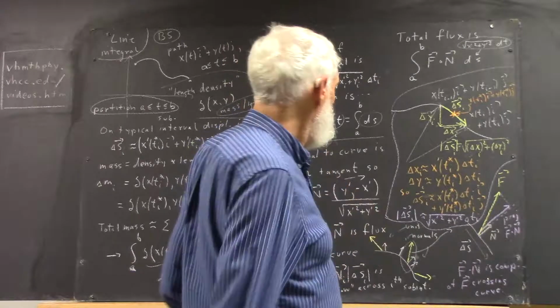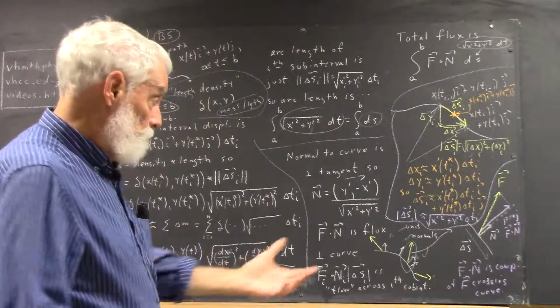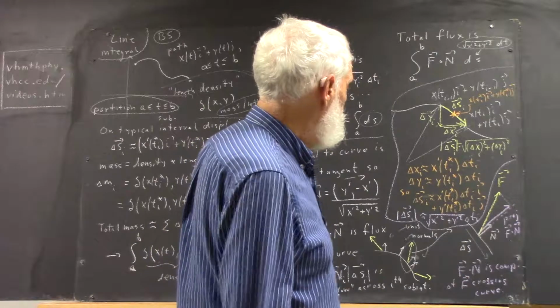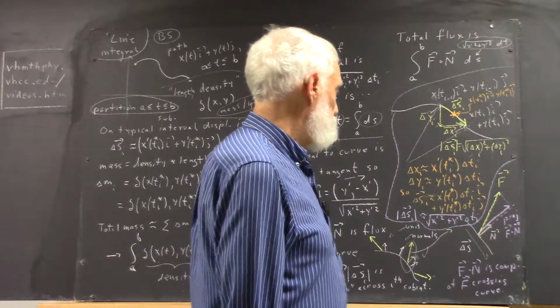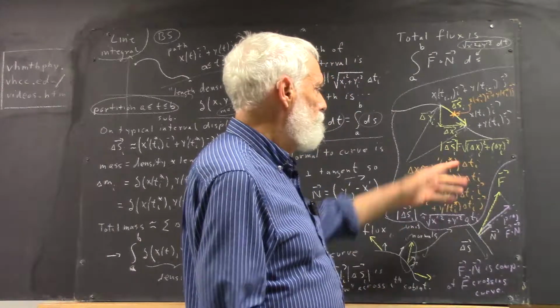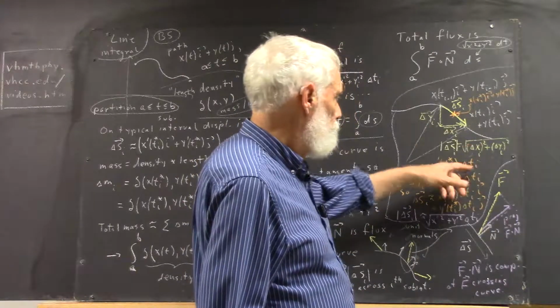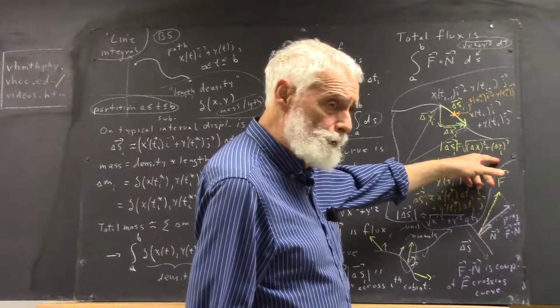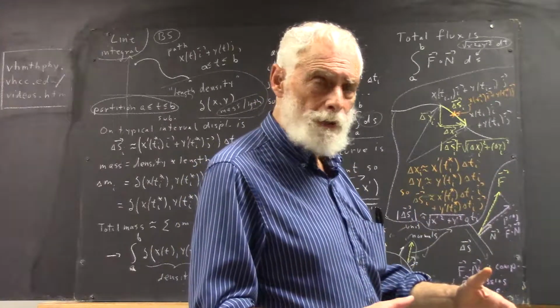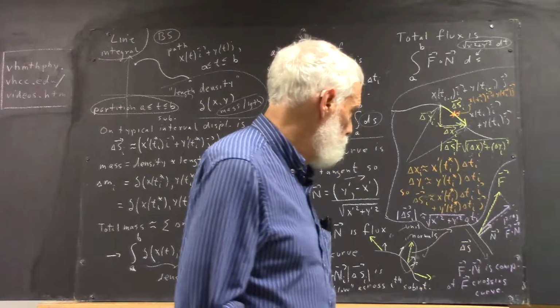Now, the big key for setting up these integrals and getting expressions we can actually integrate is to be able to express our delta s sub i, and actually to express our delta x sub i and delta y sub i, in terms of the x of t function, the y of t function, and their derivatives.